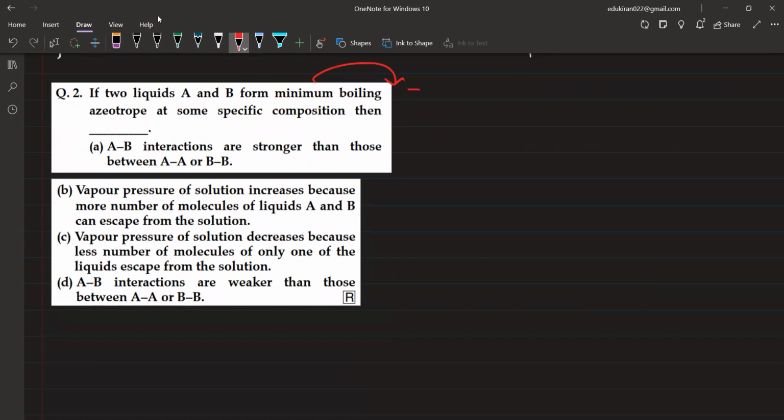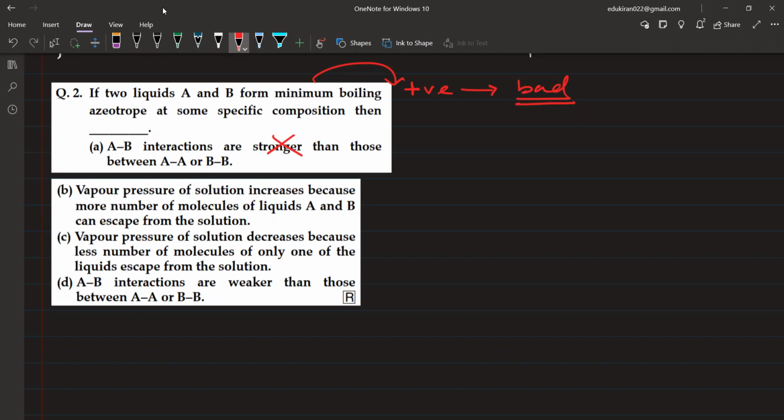सो मिनिमम बॉइलिंग एजियोट्रोप का मतलब हुआ नेगेटिव डेविएशन। If there is negative deviation then bad interaction और good interaction? सॉरी, मिनिमम बॉइलिंग का मतलब हुआ पॉजिटिव डेविएशन, पॉजिटिव डेविएशन का मतलब बैड इंटरेक्शन और गुड इंटरेक्शन? Good interaction? No. Bad interaction. ऑप्शन A स्ट्रॉन्गर, no it is bad.